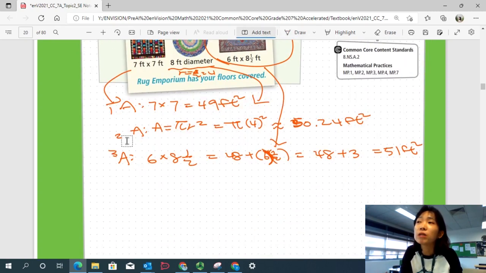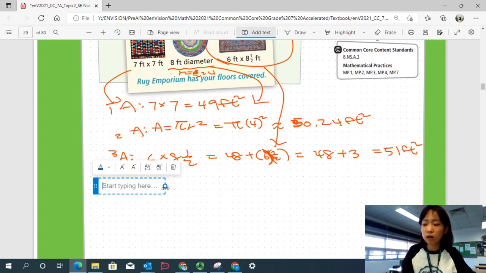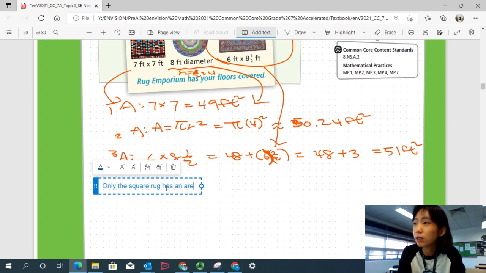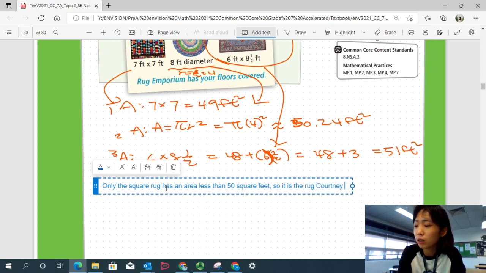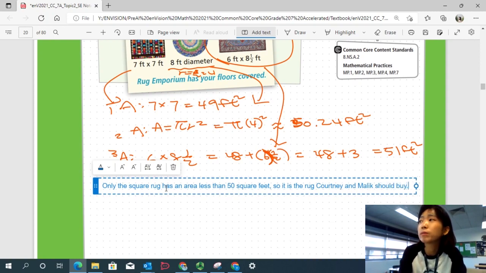So yeah, it depends on who is wanting what, right? So only the square rug has an area less than 50 square feet. So it is the rug Courtney and Malik should buy.